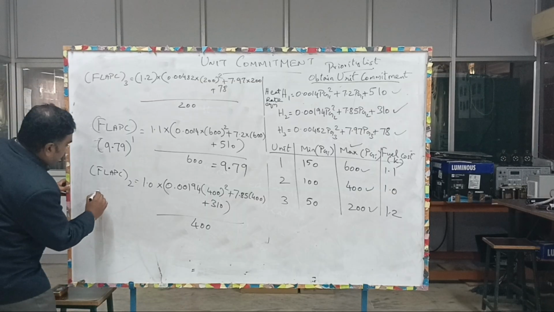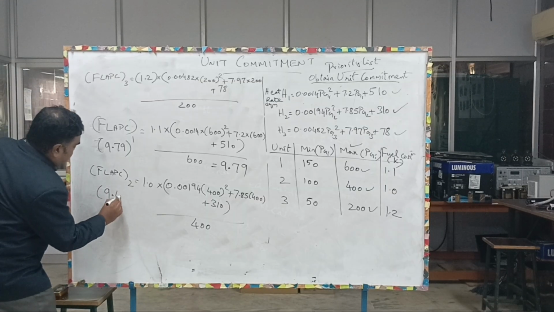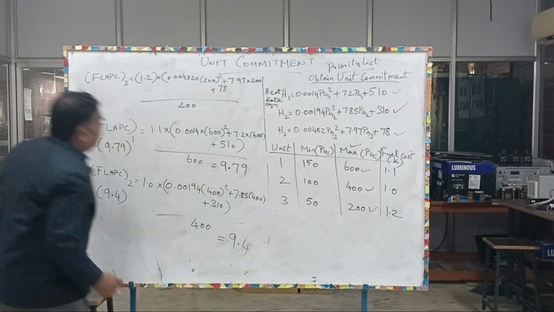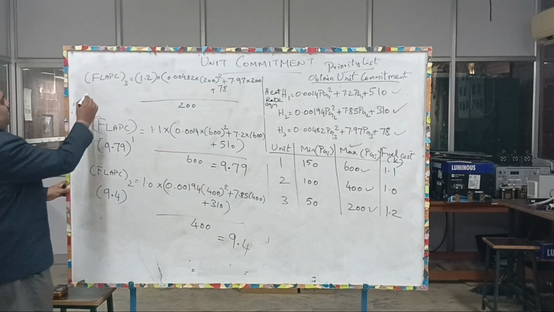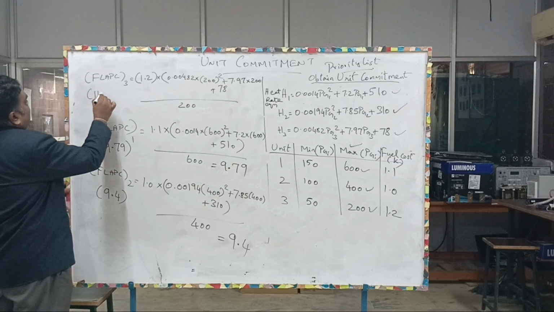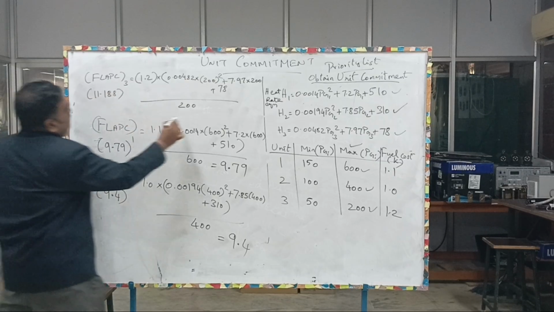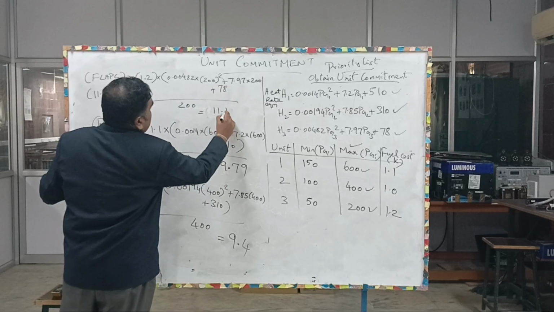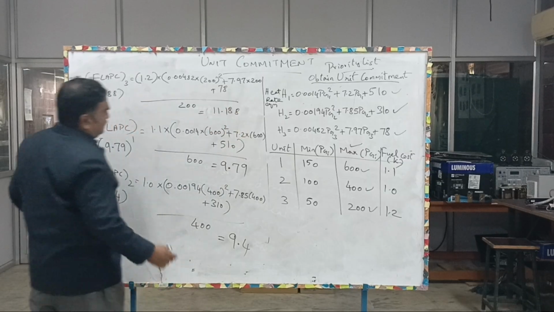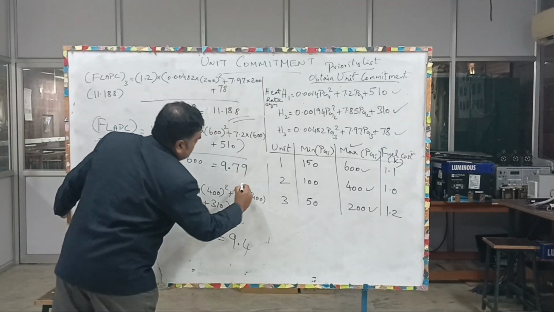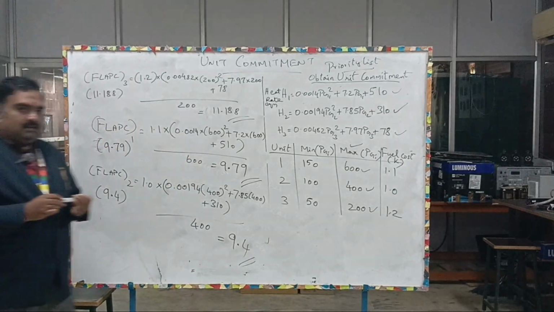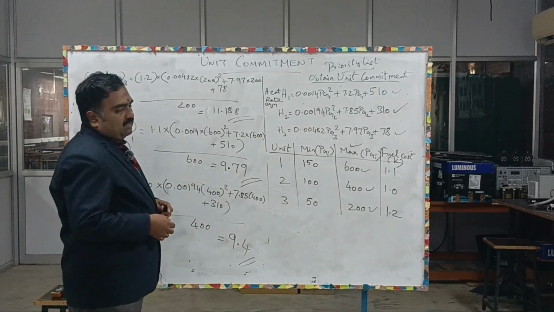The FLAPC of the second unit is 9.4. You can calculate and check for yourself. It is 9.4 and the FLAPC of the third unit is 11.188. So kindly check, verify whether you are getting these answers.